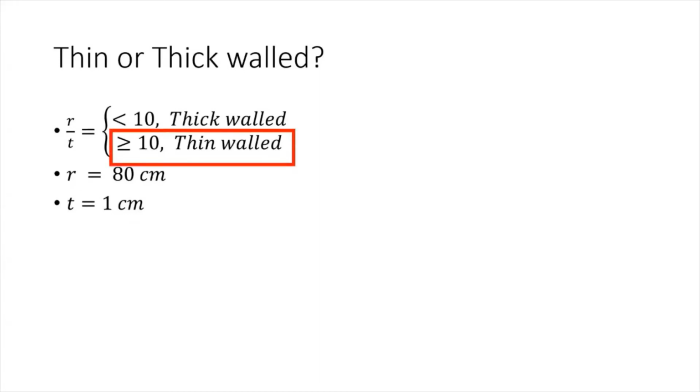In a spherical vessel, the directions for the stresses are tangential, axial, and radial. Because our vessel is thin-walled, we can make the following two assumptions. First, the radial stress is considered zero. The second assumption is the tangential stress is equal to the axial stress.